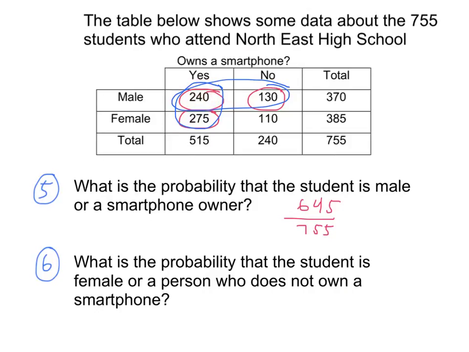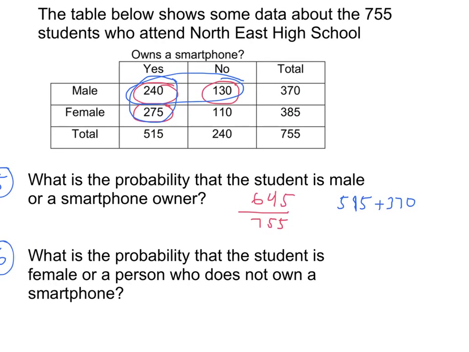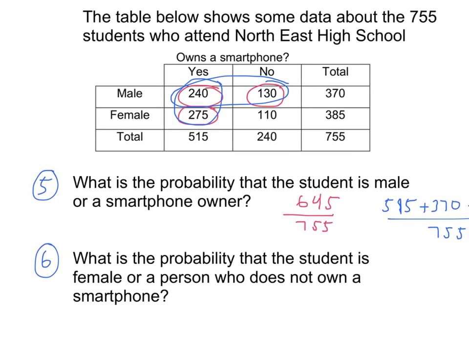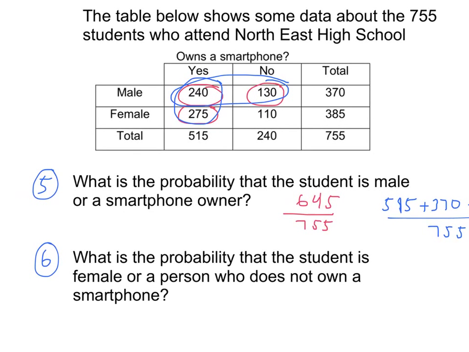So if you wanted to do it that way, you'd have 515 plus 370, but then you have to subtract the ones you double counted, minus 240, out of 755, which still comes out to be 645. It's probably easier not to think about it that way. I just wanted to warn you that if you are trying to add things up really quickly, you've got to be careful. Make sure you don't double count.